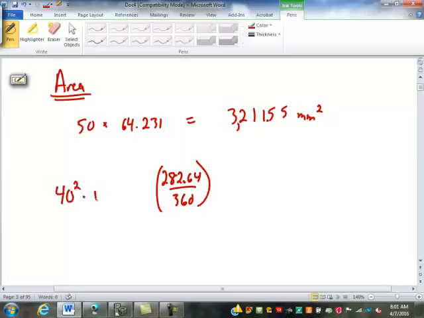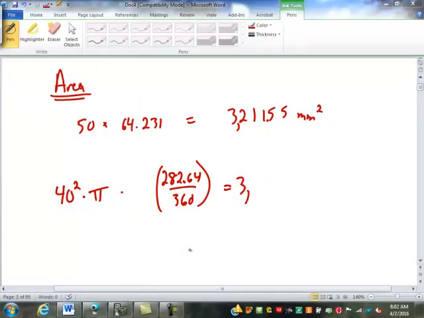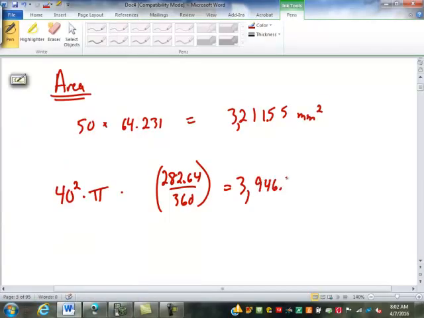So pi times 40 squared, radius squared times pi, times my 282.64 over 360, is 3,946.40 millimeters squared.